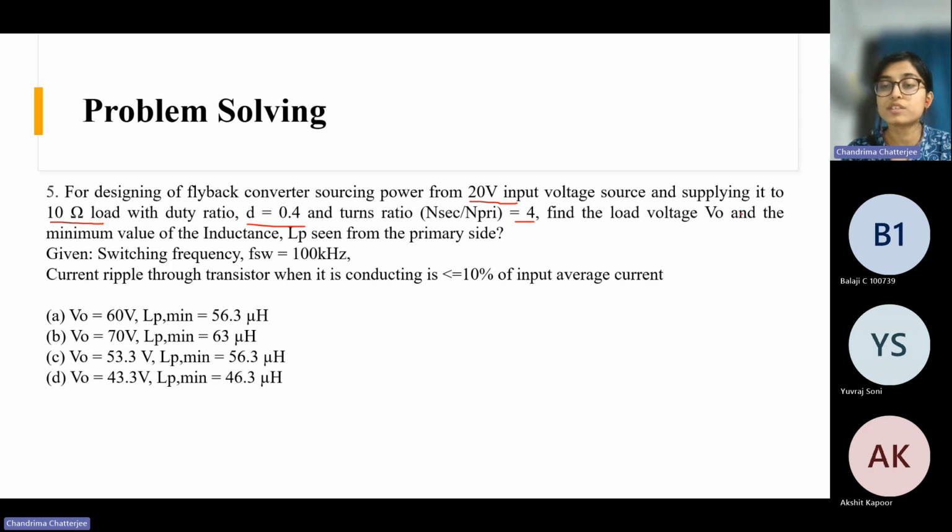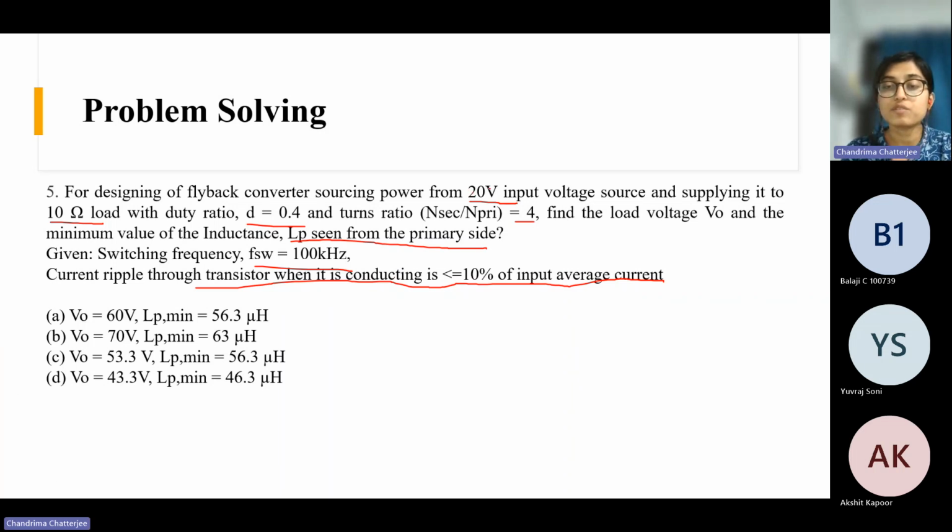Find the load voltage VO and the minimum value of the inductance LP seen from the primary side. What other information is given? The switching frequency, and the current ripple through the transistor when it is conducting is less than or equal to 10% of input average current. And the options are given here.